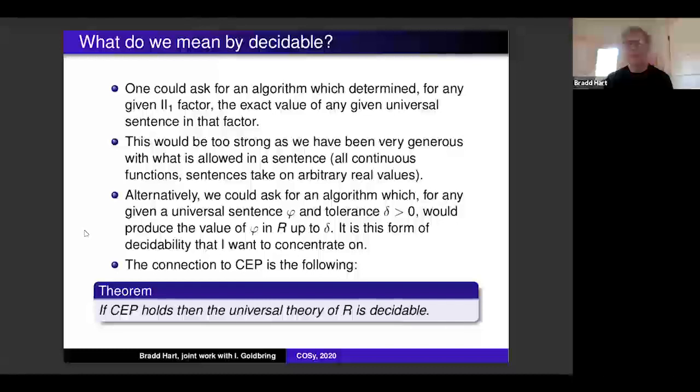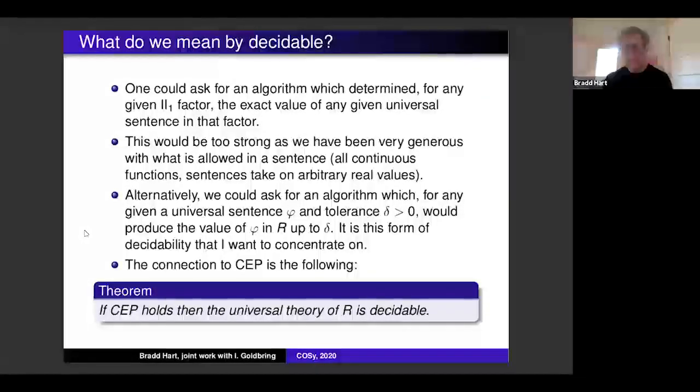But just understanding the algorithmic power of CEP. So let me explain why this theorem holds as stated. Suspend belief for a moment that you know that CEP is false.